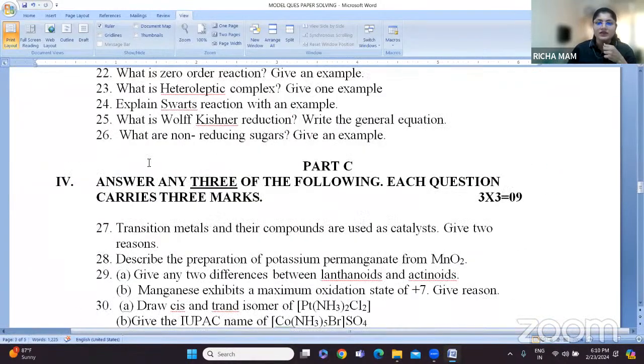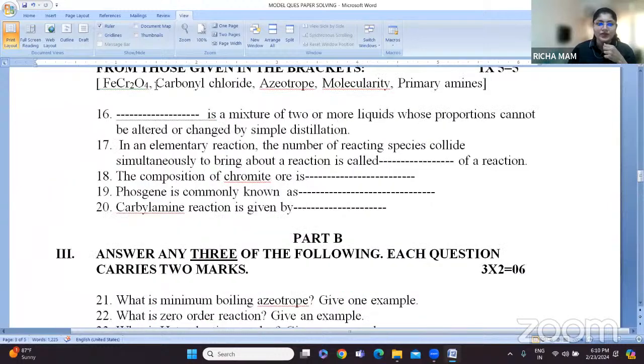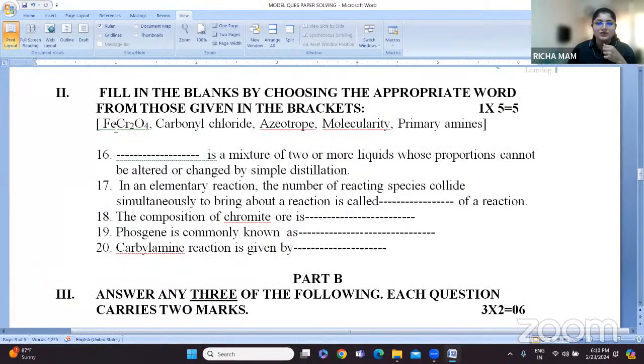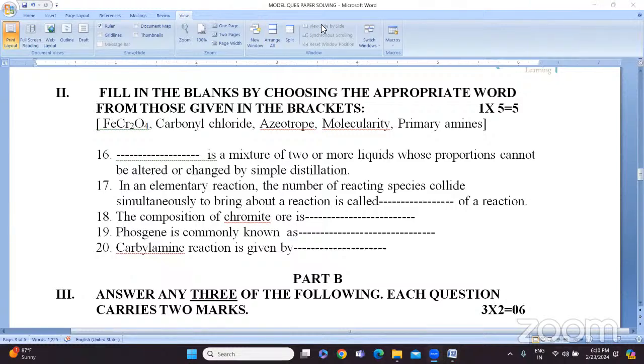So in the bracket, some answers will be given, and from that you have to choose the correct answer. These are the 5 questions. So 5 questions, 5 marks. Fine.